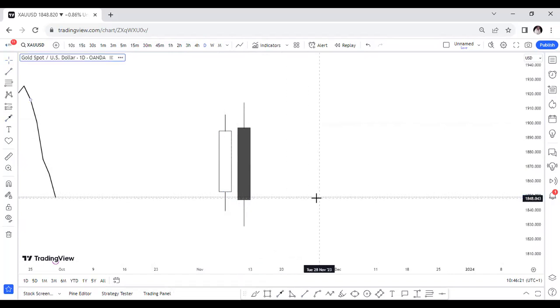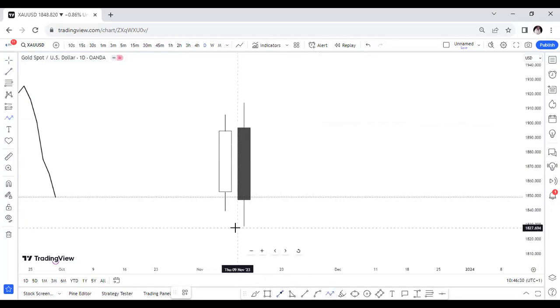As long as this wick here covers up the entirety of this range to the top, as long as the body has been enclosed by the high and the low of this candle, that is engulfing for you.